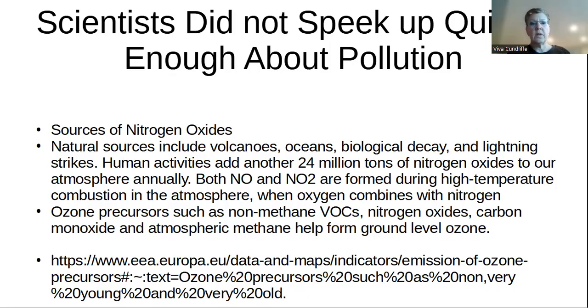So here we have a slide on the sources of ozone precursors, and this includes nitrogen oxides from different destabilizing events that happen in the Earth system, like volcanoes, ocean processes, biological decay, and lightning strikes. And of course, human activities have added another 24 million tons of nitrogen oxides to our atmosphere annually.